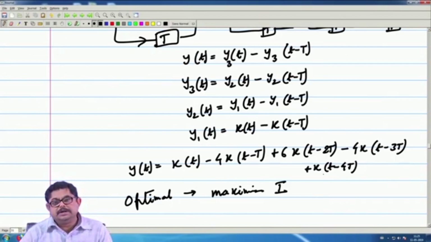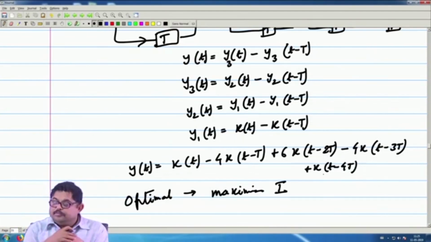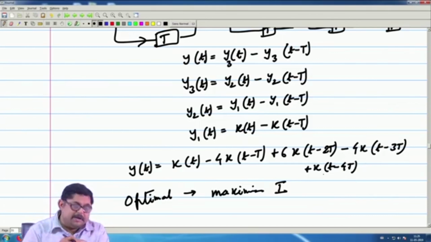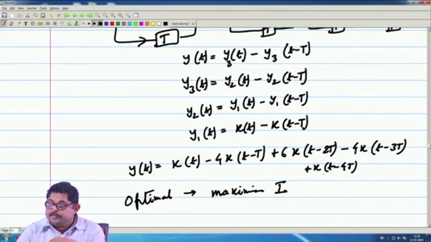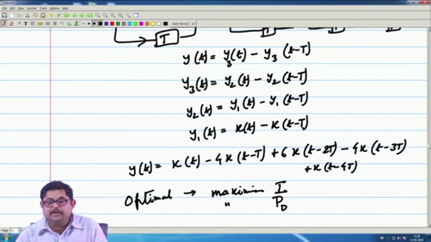So, if we choose it this way, people have proved that, because you can have other implementations also, 4-stage etc., but this is the best in the sense that it maximizes the MTI improvement factor and also the probability of detection. So, maximizes I and maximizes PD, probability of detection. This we will see later in the detection theory, what it means.